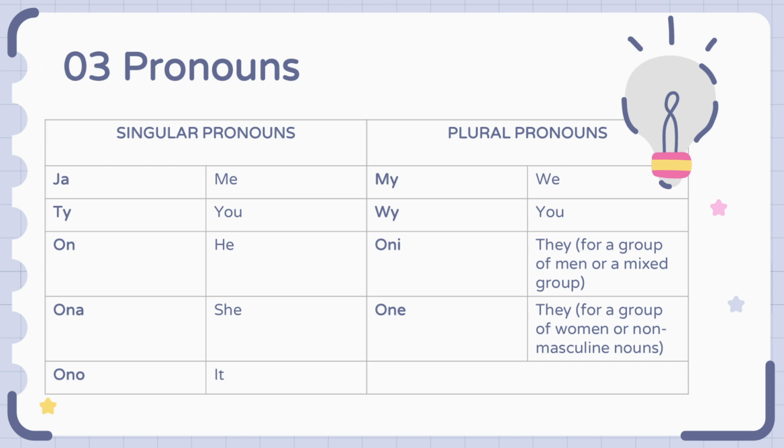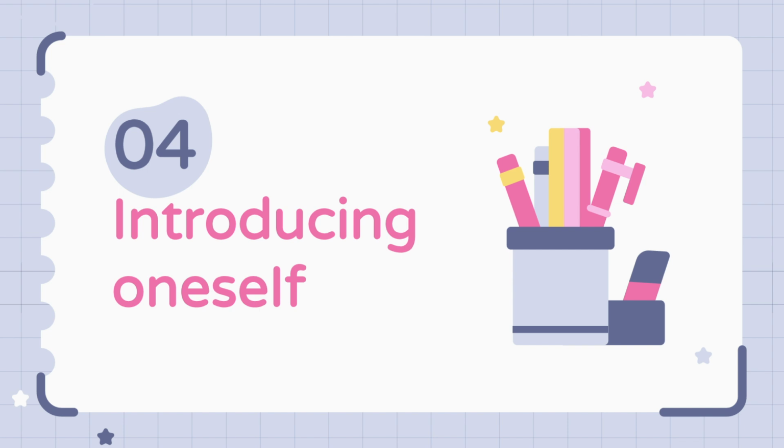That is used for men or mixed groups. So if you have both men and women in a group, you will be saying oni. And then one, they, that is used for a group that consists of only women or a non-masculine noun.